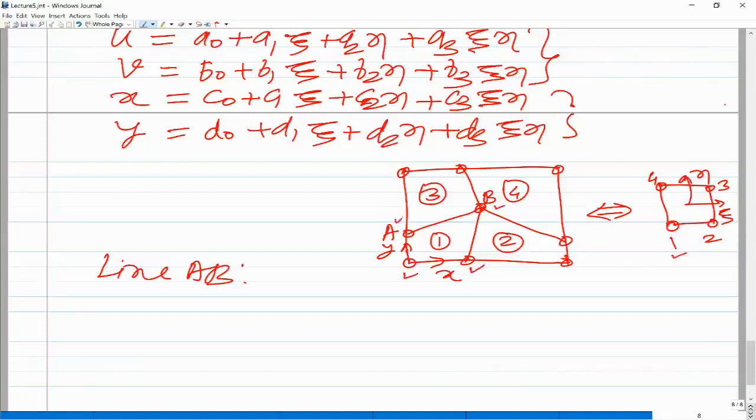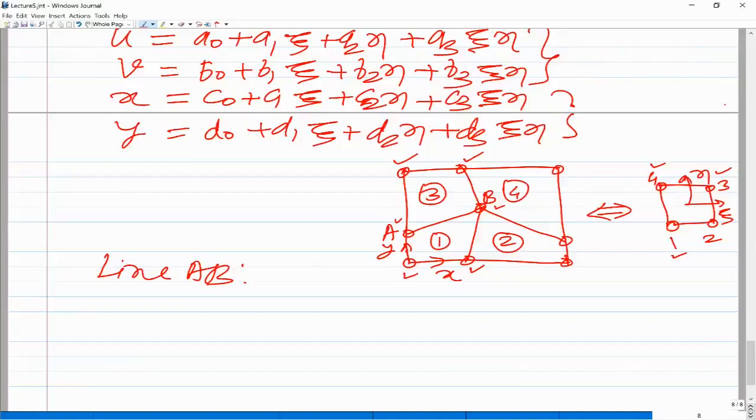So that means AB would be corresponding to edge 3, 4 in the natural coordinate space. And when we talk of element 3, let us say A is mapped to 1, B is mapped to 2, and then this is mapped to 3, and this node is mapped to 4. So AB of element 3 would be corresponding to edge 1, 2.